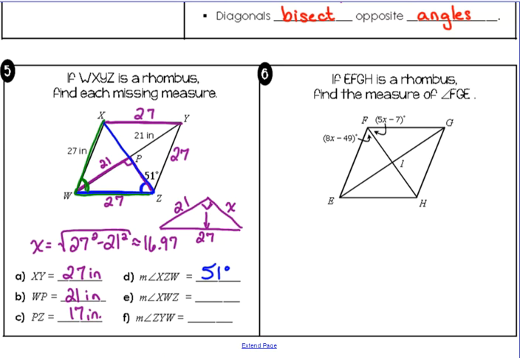So the whole angle at W plus the whole angle at Z is equal to 180. Well, what's the whole angle at Z? Part of it's 51, so the whole thing is 102. So 180 minus 102 is 78. That is the whole angle at XWZ.